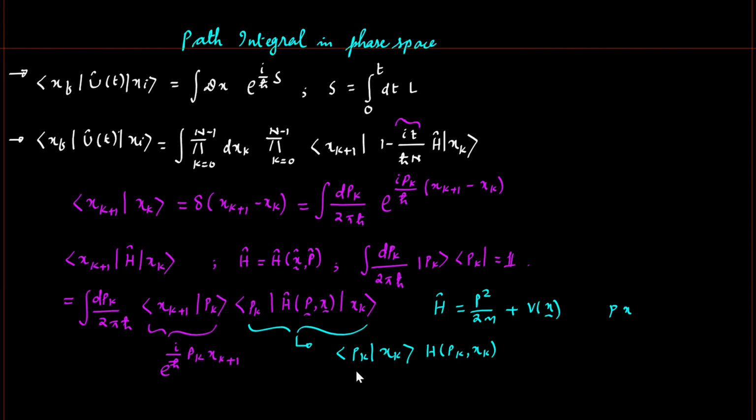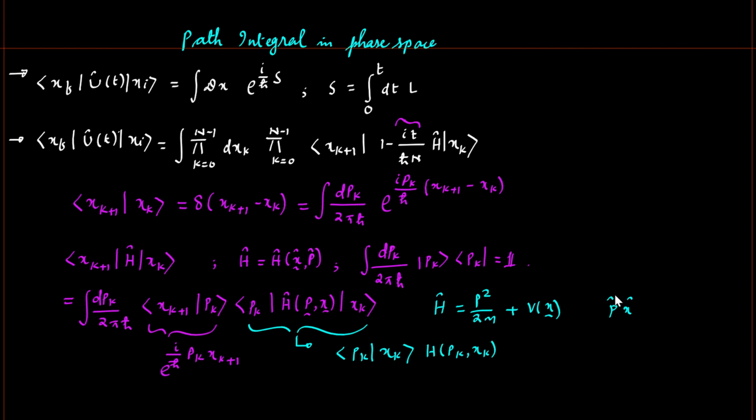Now if this Hamiltonian H contains a mixed product like this, then we assume there must be a certain ordering of the operators, because here the momentum and position are operators, right? For example, we can say that the momentum operator stands to the left of the position operator.